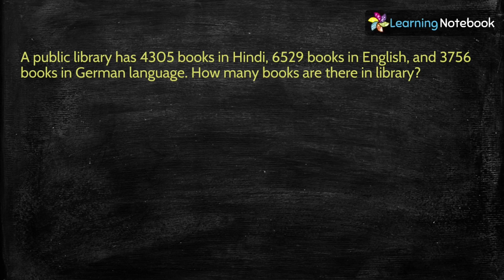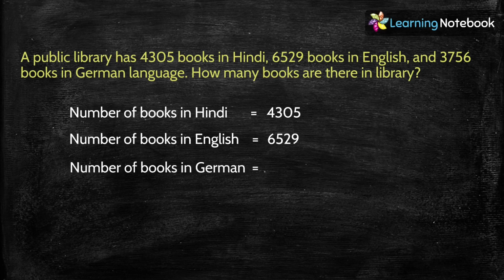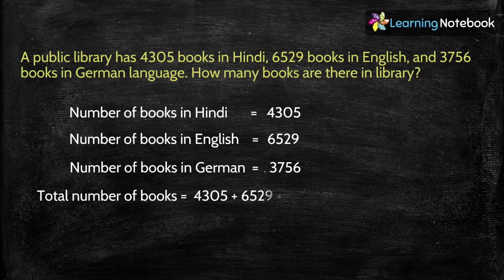So let's do so. Number of books in Hindi equals 4305. Number of books in English equals 6529. Number of books in German equals 3756. Now, to find the total number of books in the library, we need to add these three numbers.